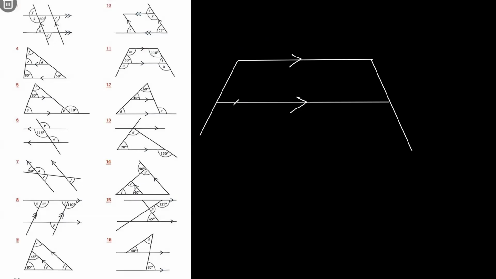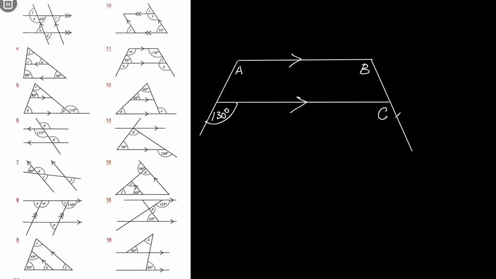So if this angle is 130 degrees, where is the corresponding angle to it? Is it A? Is it B? Or is it C?